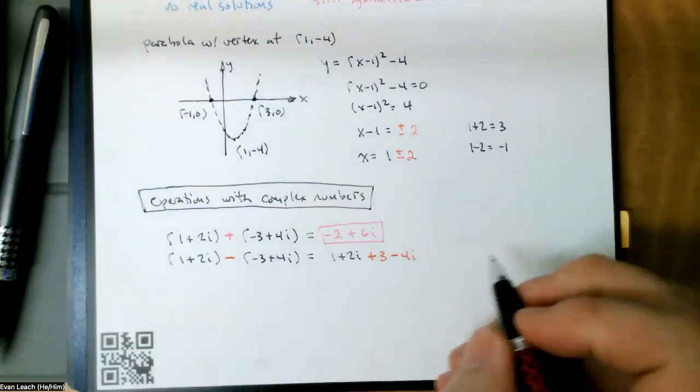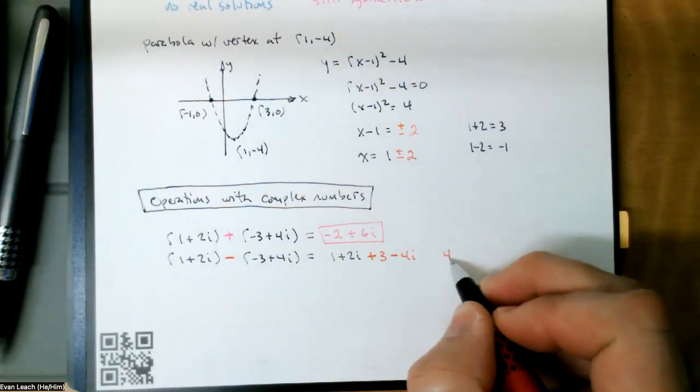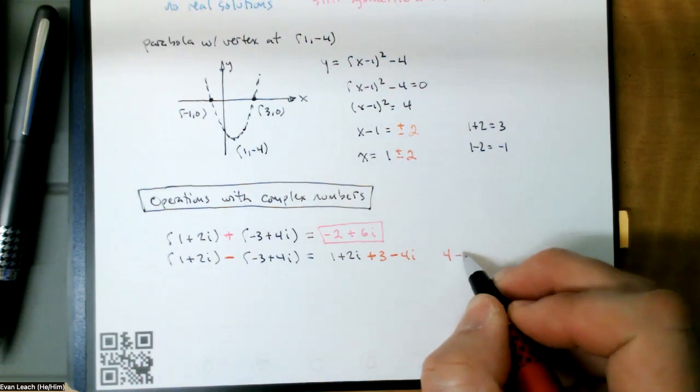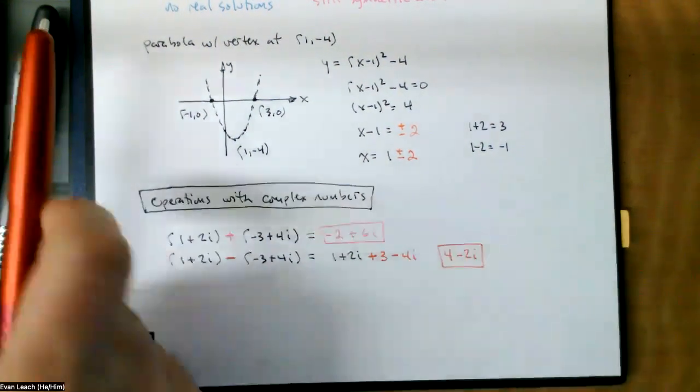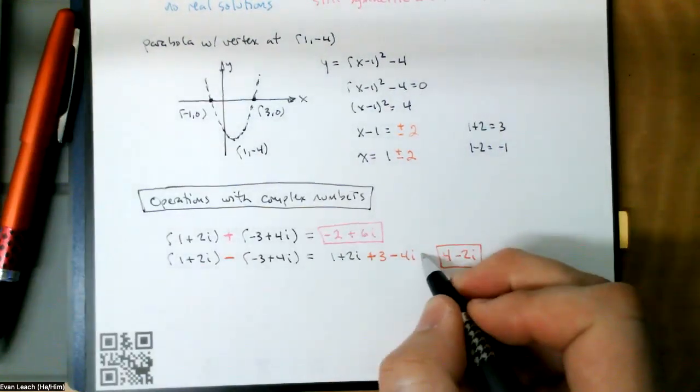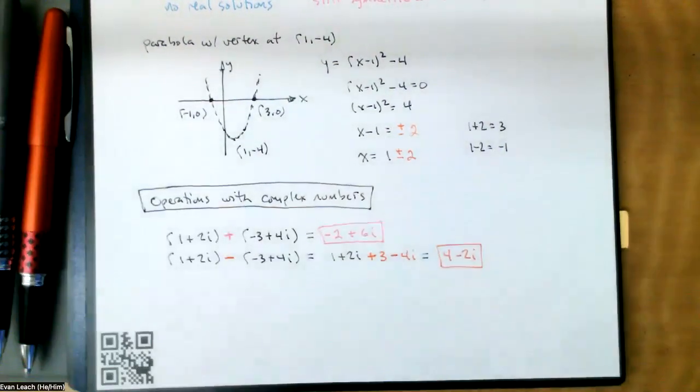And then just add. 1 plus 3 is 4. 2i minus 4i is -2i. That is what you would have guessed.